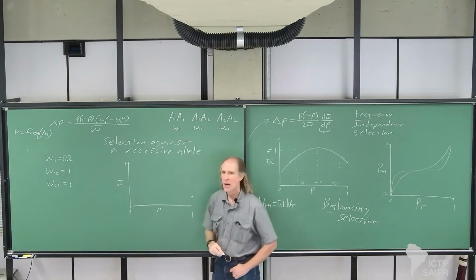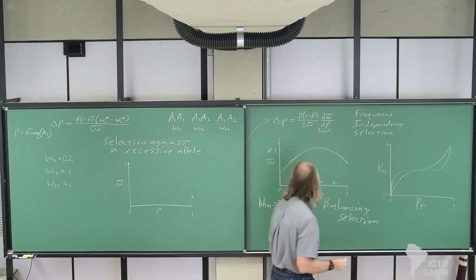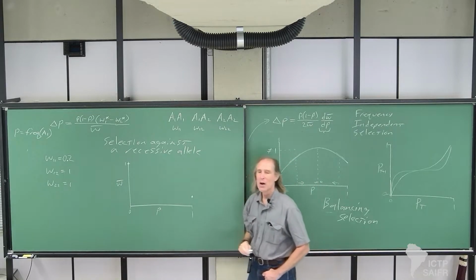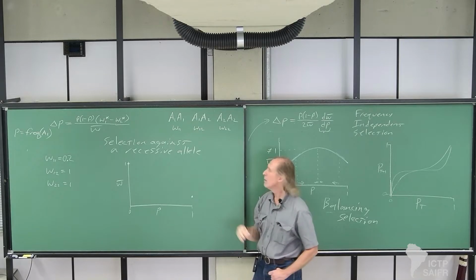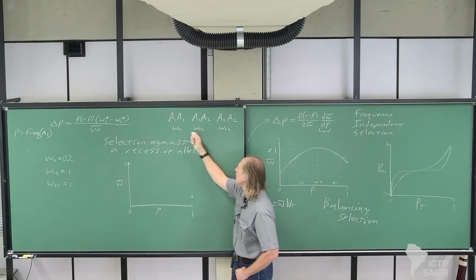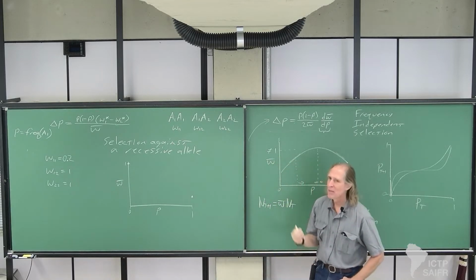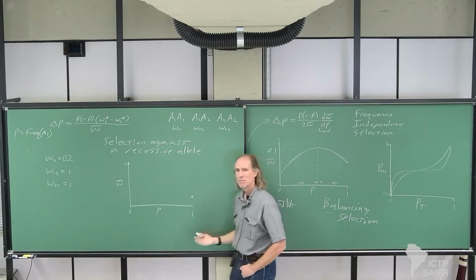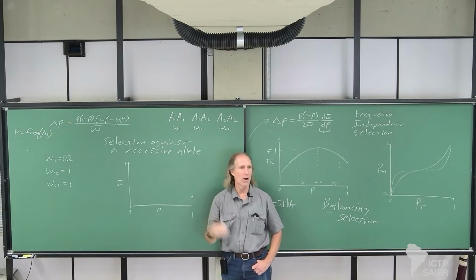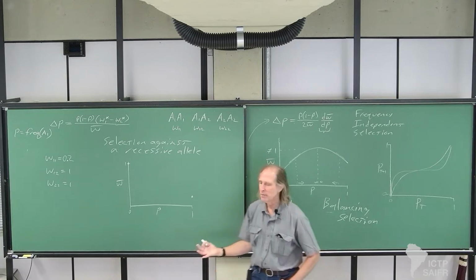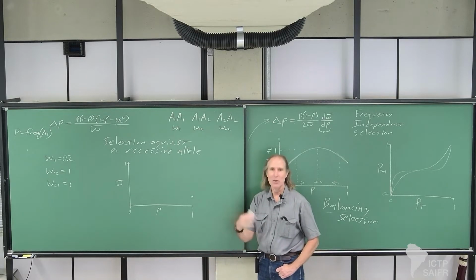And in between them, and I erased that equation for W bar, but you recall it was the Hardy-Weinberg frequencies times these values, which we're taking to not be functions of p. That's a quadratic function. It's got p squared, it has no higher powers of p in it, and it's a polynomial, right? So it's a quadratic. So what shape is it going to be? It's going to be a parabola.